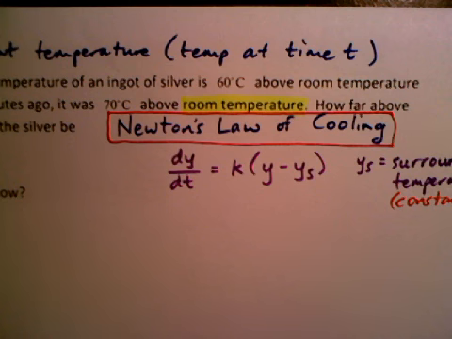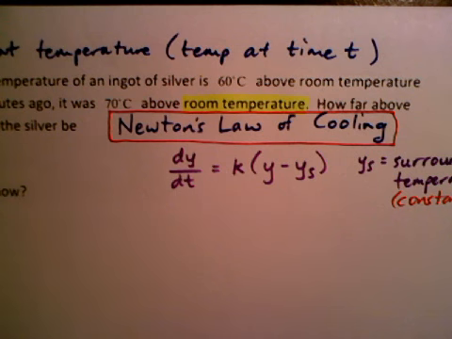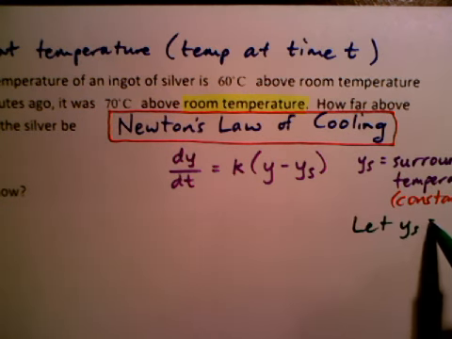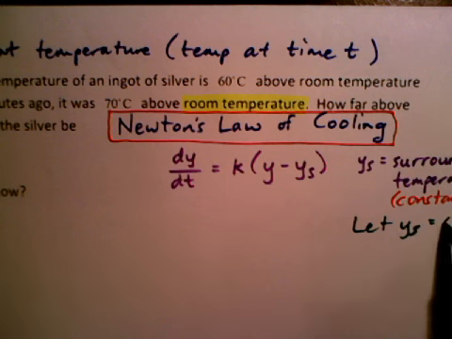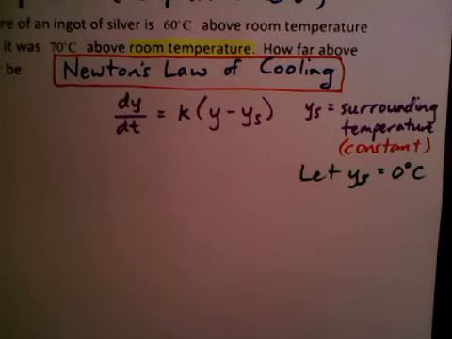Normally in a problem like this, it'll give you the surrounding temperature, but in this case you get to select any room temperature you want, and the easiest number to work with is 0 degrees. I don't want to do any more work than I have to, so I'm going to let the surrounding temperature be 0 degrees. You could let it be 50, 60, 70, whatever you want.